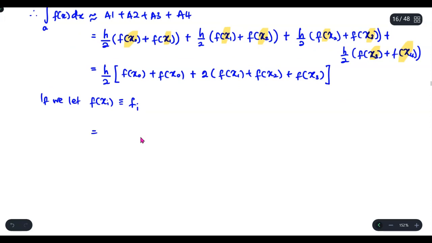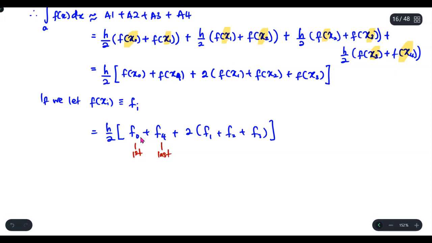So now that would be h over 2 times f0 plus, sorry, this one here should be f4, f4 plus 2 times f1 plus f2 plus f3, where this is actually the first function value, and this is the last, and this is the middle. Okay, that's how you remember the formula of the trapezoidal rule.